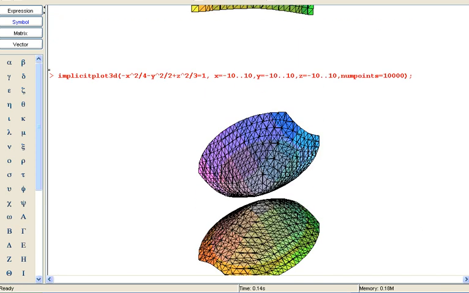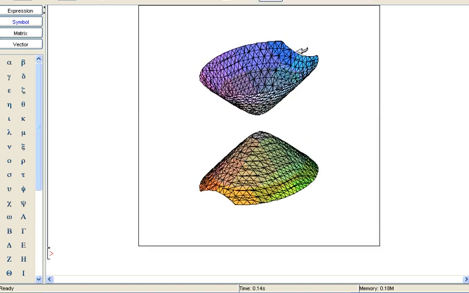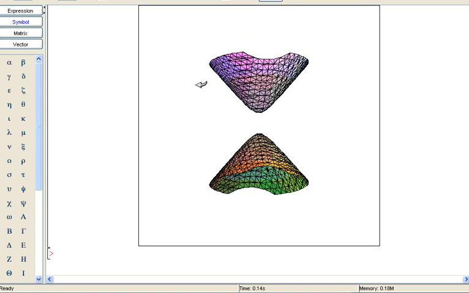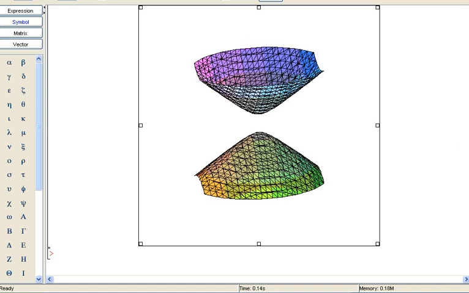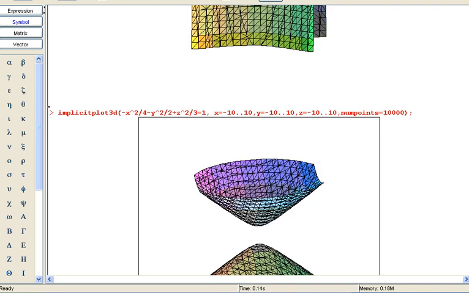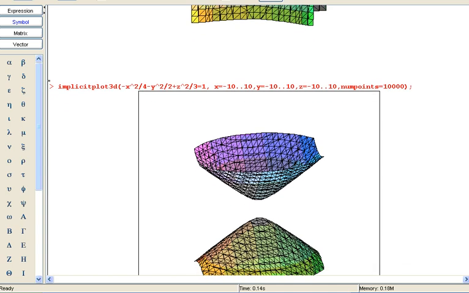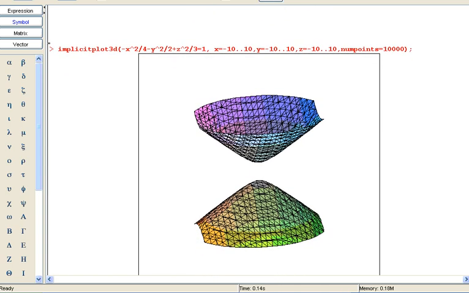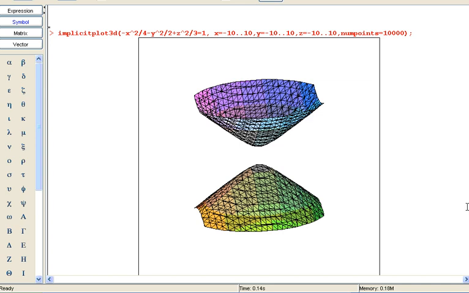Okay, see how these are not connected? And there's hyperbolas as traces and ellipses as traces. So going horizontally, you have ellipses, and vertically you have the hyperbolas as traces.